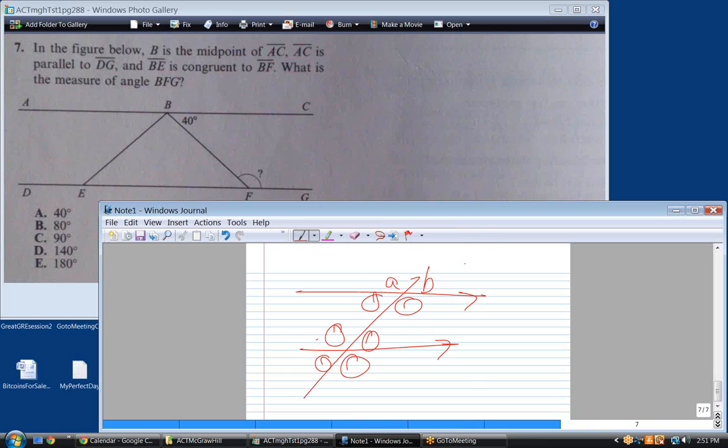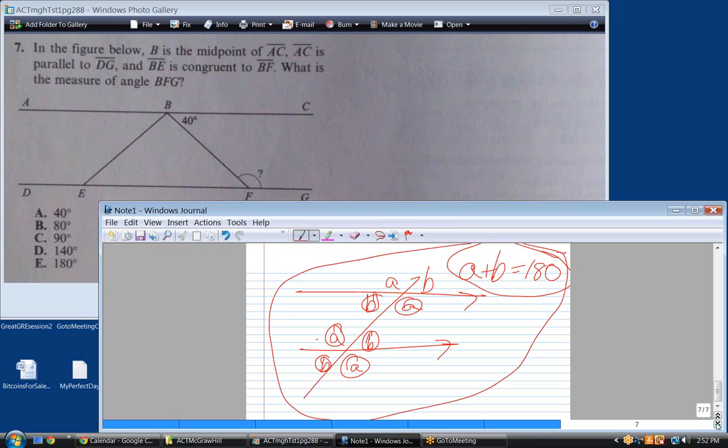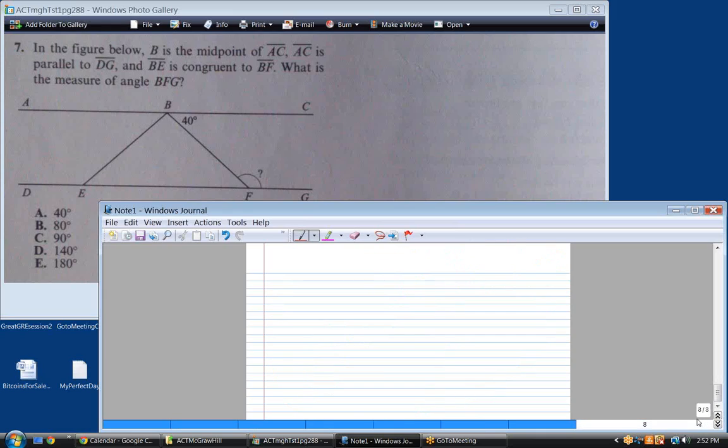The next key thing to remember is that A plus B is always equal to 180. So this is A, that's B. This is A, that's B, and this is B. If you can remember this about parallel lines and transversals, it'll take you a long way in the ACT test.